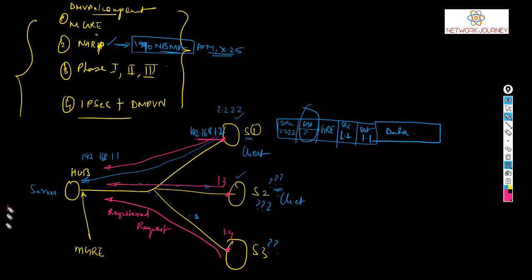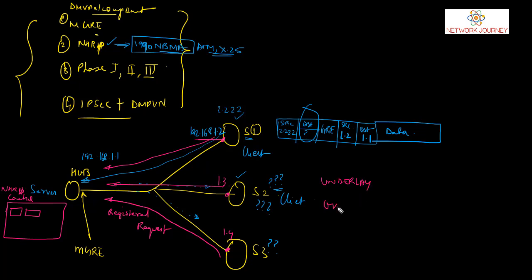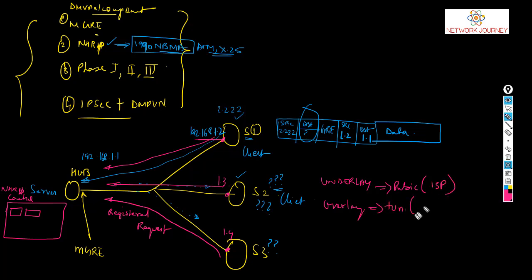And now what the hub does is, the hub is going to make a dedicated table for the NHRP cache, and this cache is nothing but your private to public binding. What is private to public? I told you we have two things here: one is the underlay and the other is the overlay. The underlay is that public IP which is used for the ISP. The overlay is the tunnel interface which we are using for the DMVPN tunnel.